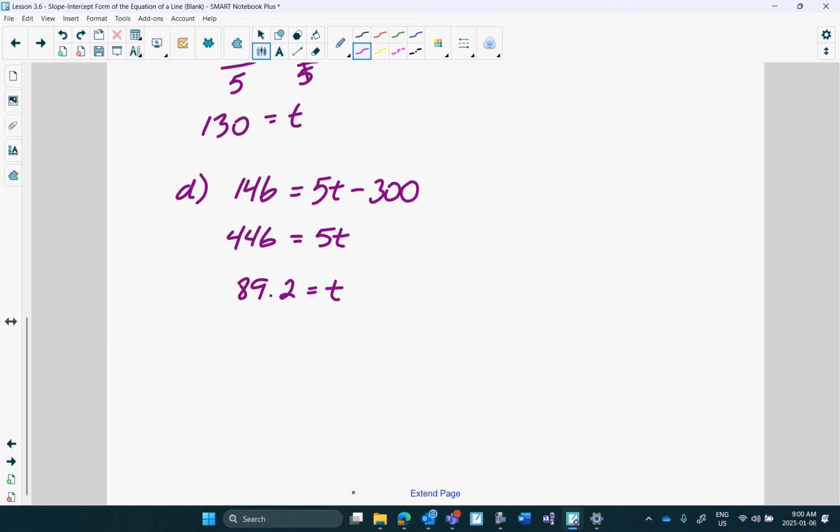Never mind half a person, 0.2 of a person. So no, you can't. It's impossible. You can't make 146 bucks because you can't have 0.2 of a student.